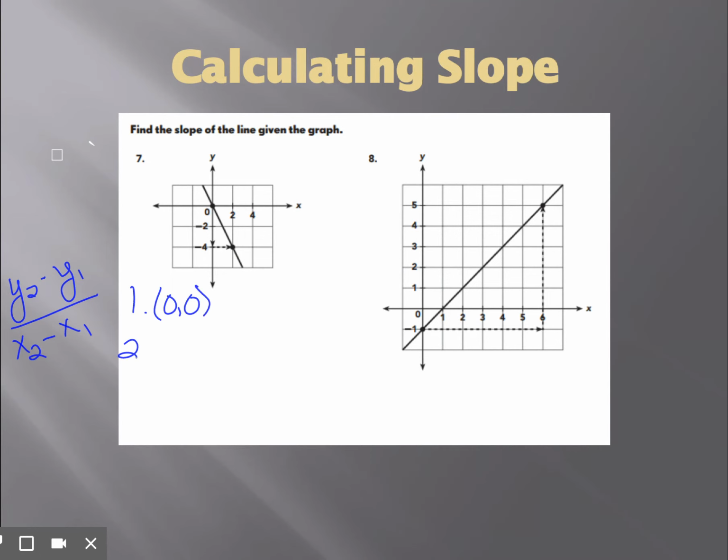And point 2, use 2, negative 4. And then for number 8, point 1, I want you to use 0, negative 1. And point 2, use 6, 5. Pause, calculate the slope, come back and check your work in a moment.